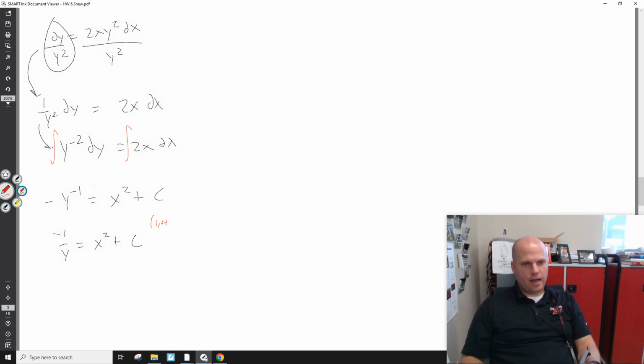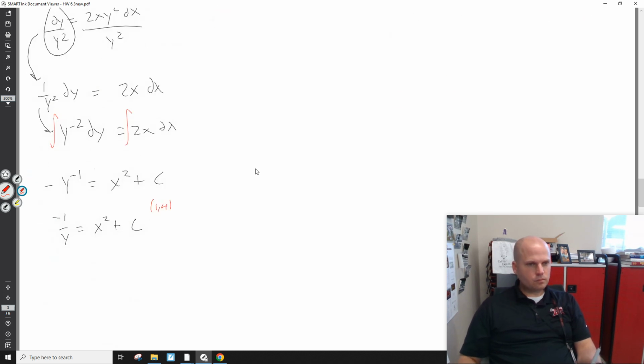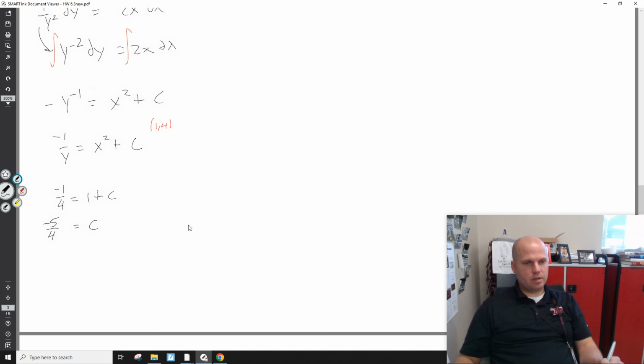I'm going to plug it in now. I got negative 1/4 equals 1 plus c. If I subtract 1, I get this first c is negative 5/4. It's not pretty, but it's correct. I got negative 1 over y equals x squared minus 5/4.